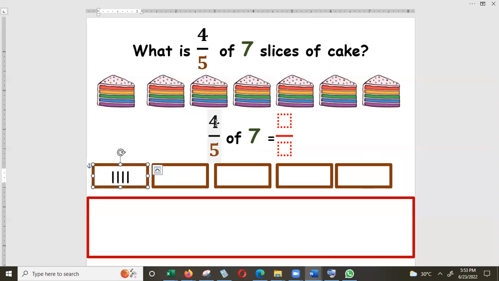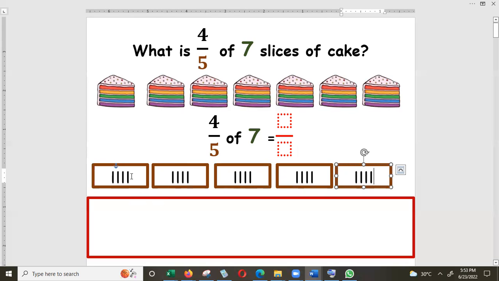That's 1 group of 4, 2 groups of 4, 3 groups of 4, 4, 5, 6, 7.